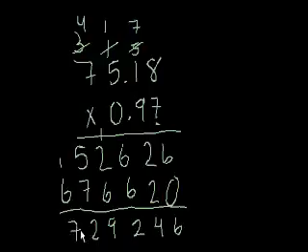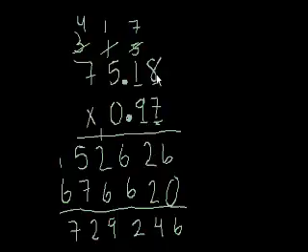Okay. Now here's where the decimals come into play, and I think you're going to be shocked by how straightforward this is. I go back to the original problem, and now I actually pay attention to the decimals. And I ask, how many total numbers are behind the decimal point? There's 1, 2, 3, 4 numbers behind the decimal point.